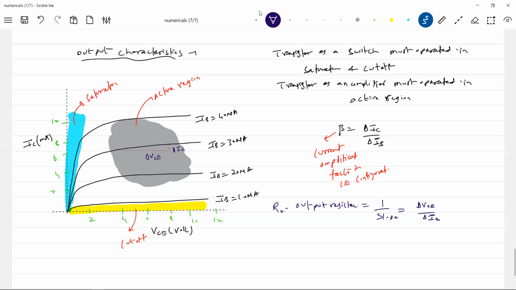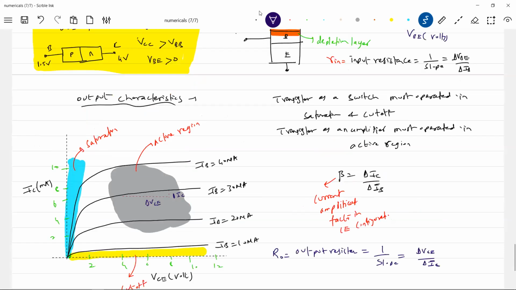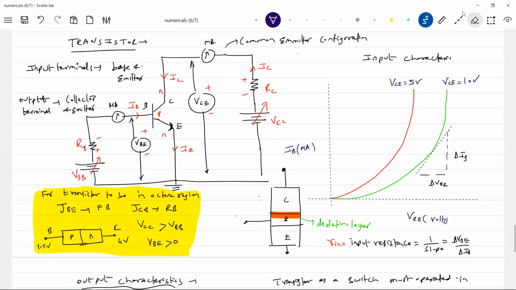This we usually call RO. This is the resistance measured across the collector and emitter terminals. What is the resistance offered by this? It will have some value. That is what we are saying as RO.